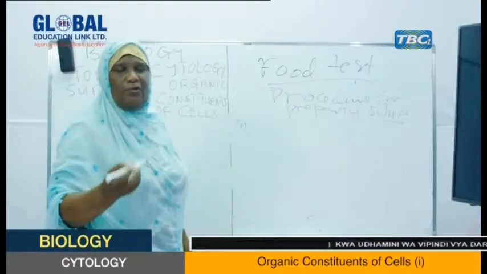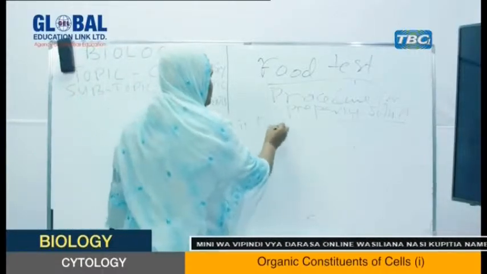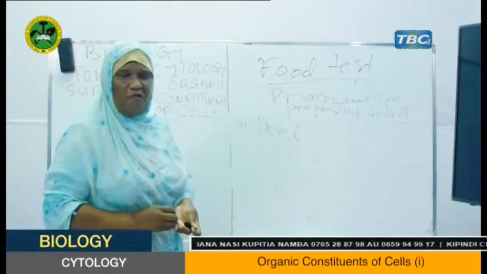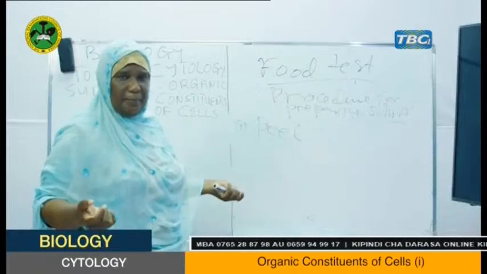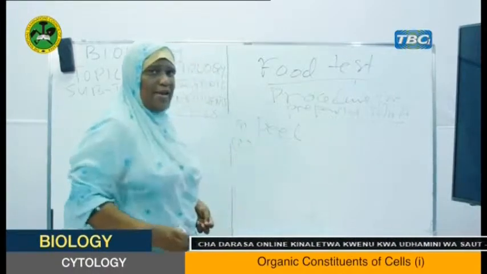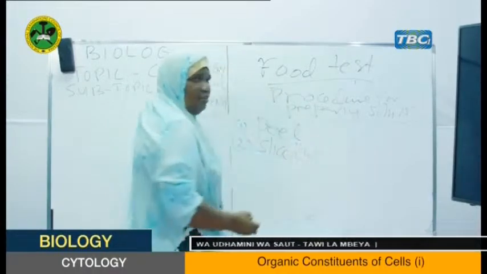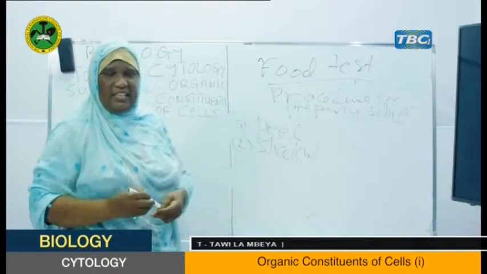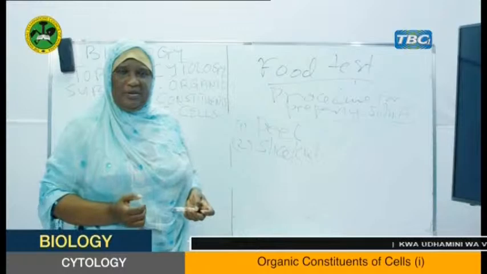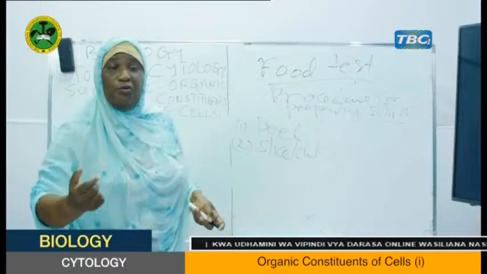First of all, you are required to peel your specimen by removing the outer skins. After peeling, you are required to slice. You can say to slice or to cut your specimen into small pieces. Why? In order to be easier for you to grind.